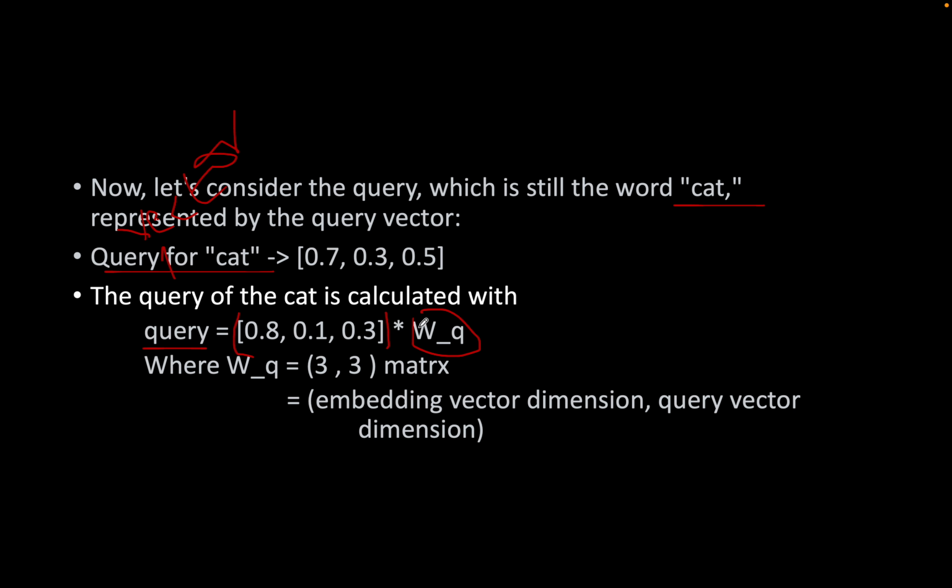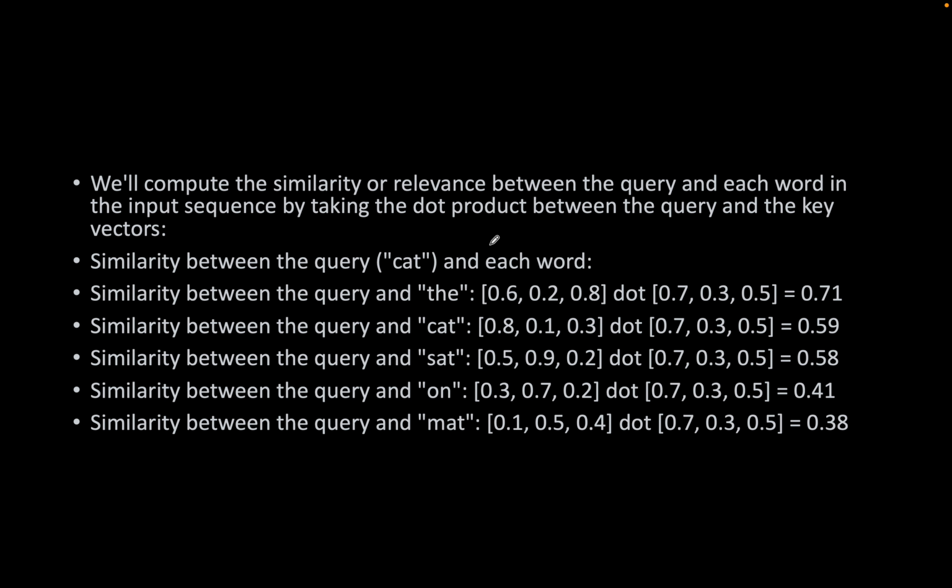This is the token embedding multiplied with WQ, a 3 by 3 matrix, and we calculated these query vectors. After that we need to calculate the similarity scores. In this case our query is cat, and the keys are the other elements. So we calculate the similarity score between the query, the cat, and the other tokens, that is the keys, using dot products, and got these attention scores.